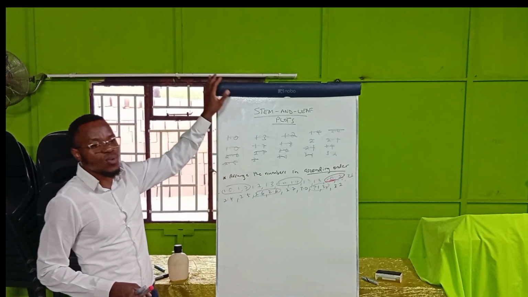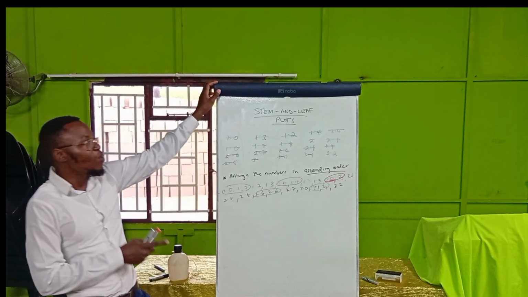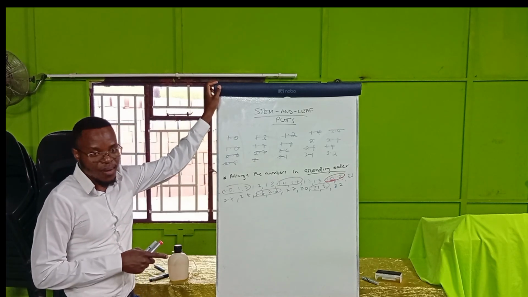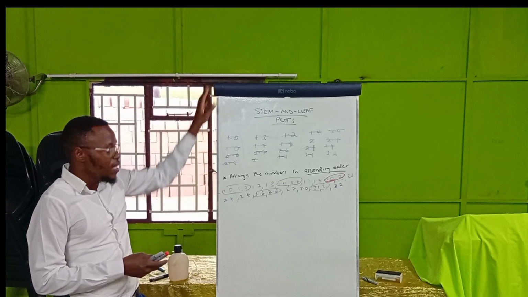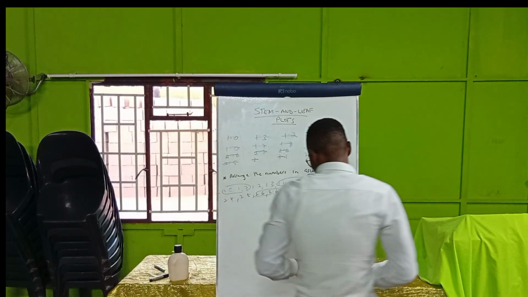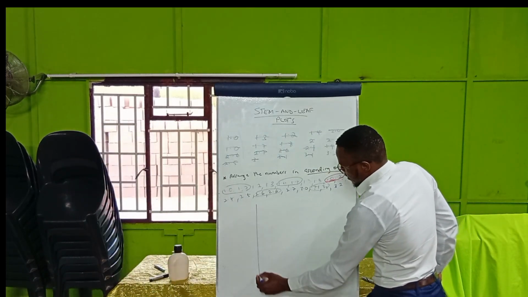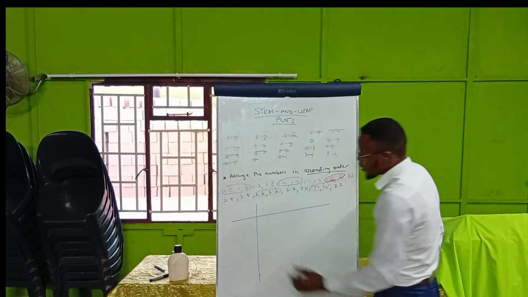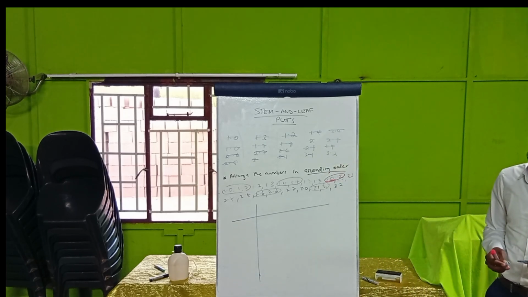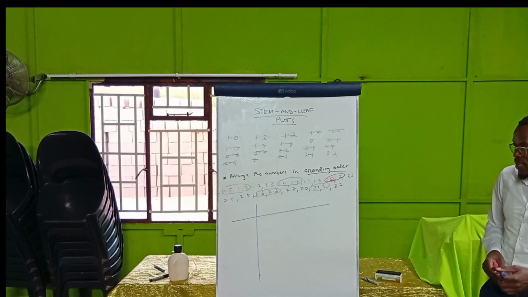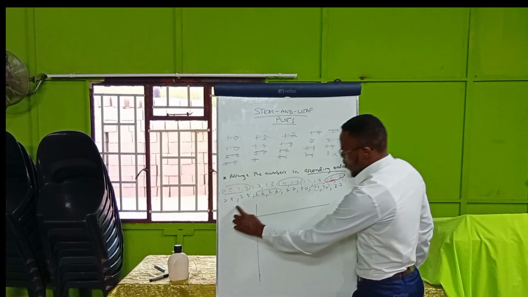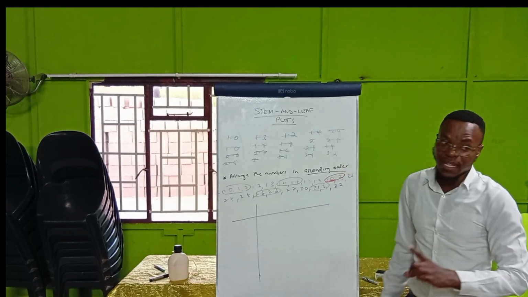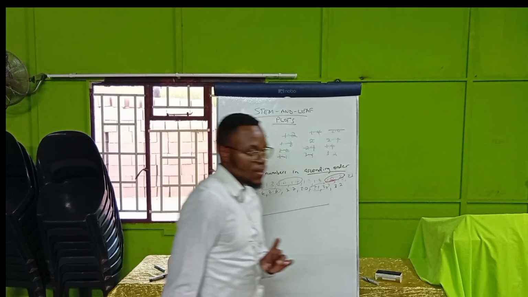You should not confuse a stem and leaf plot with a table, because in as much as we are going to demarcate or divide this like that, this is not a table, so it's no longer a stem and leaf plot.